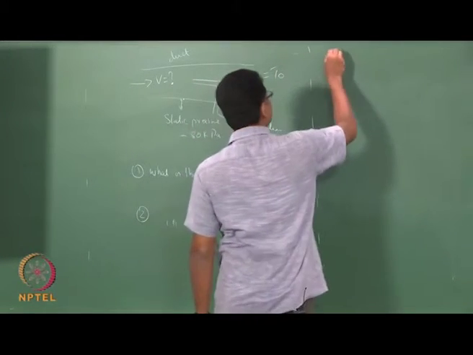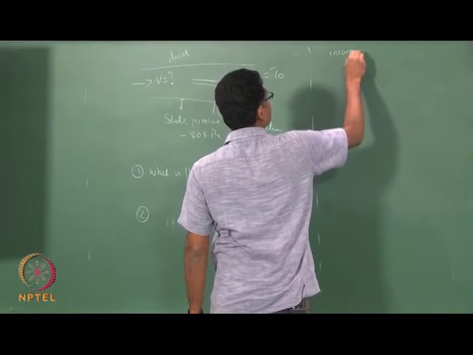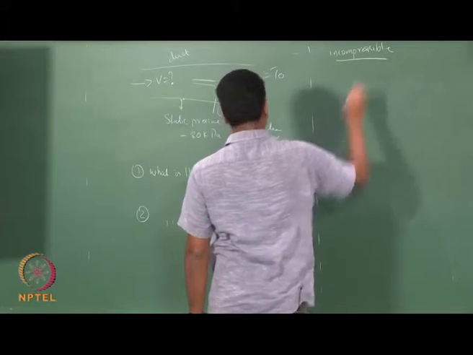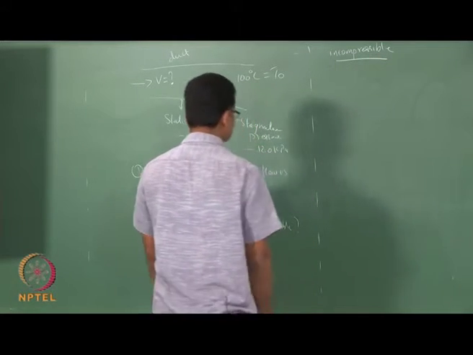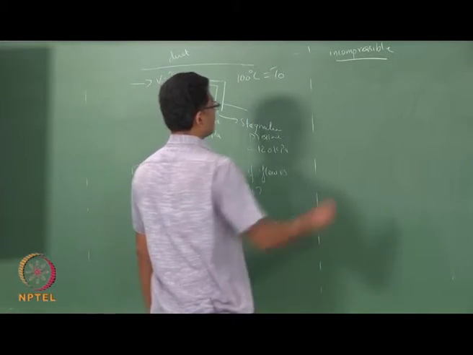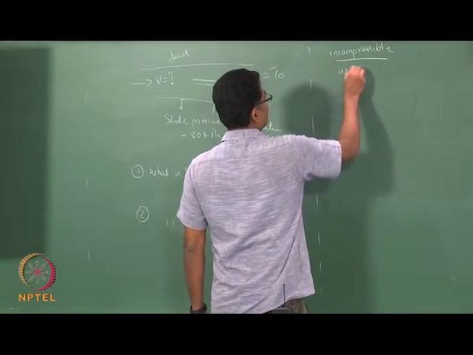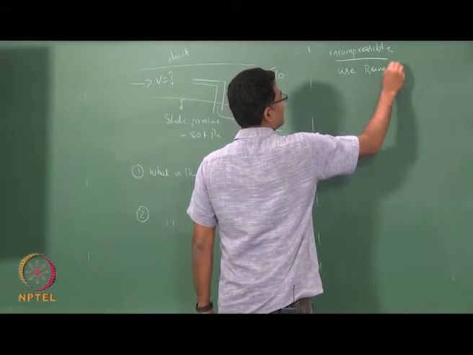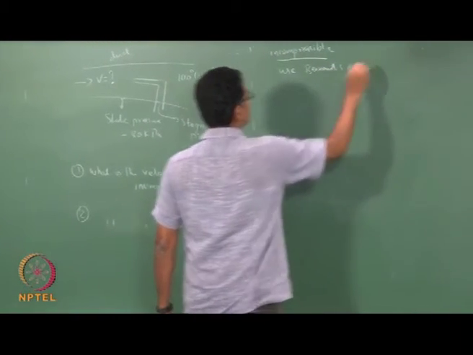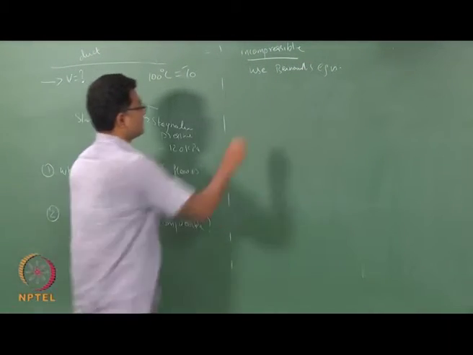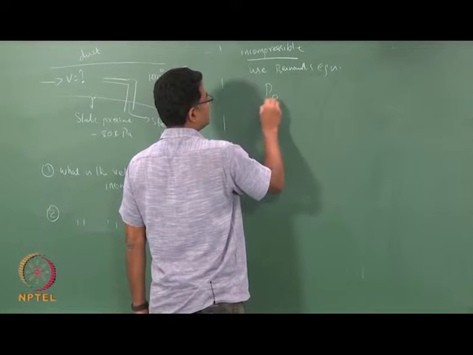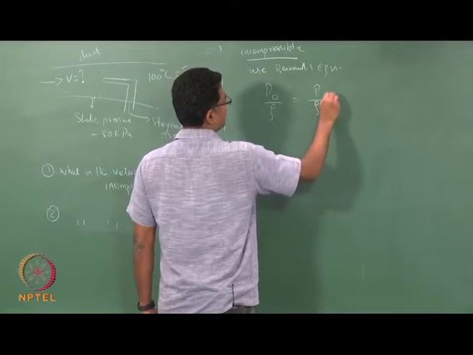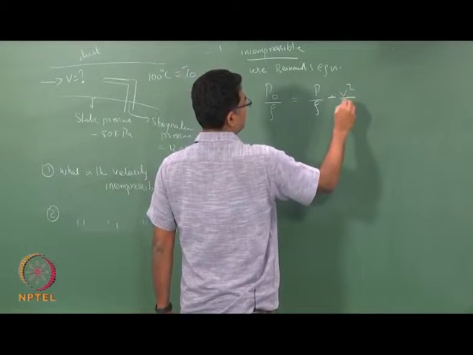If the flow is incompressible, use Bernoulli's equation to get P0 by rho equals P by rho plus V square by 2.